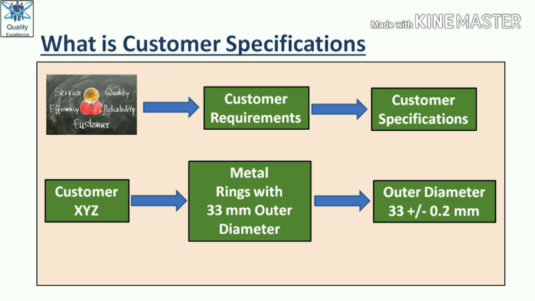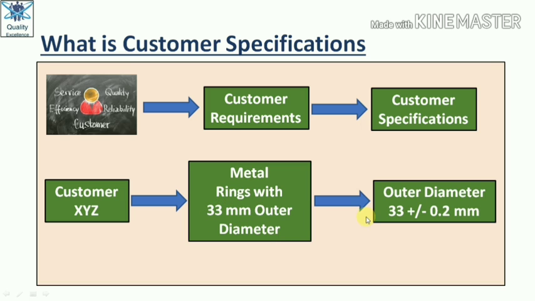So now let us know what is customer specification. All customers will have their customer specific requirements, and those requirements will be in the form of customer specifications. Let us take a hypothetical example of customer XYZ, who wants metal rings with 33 mm outer diameter.